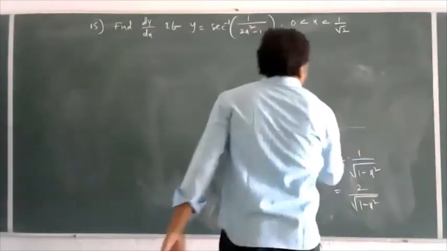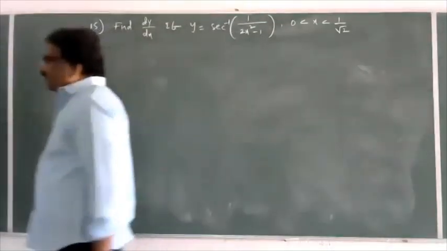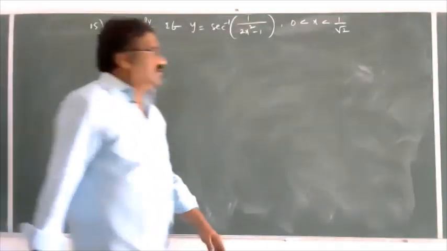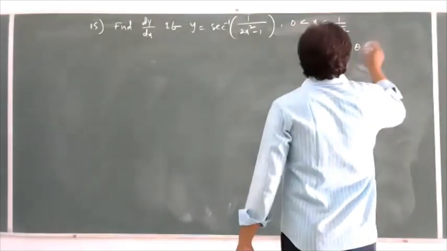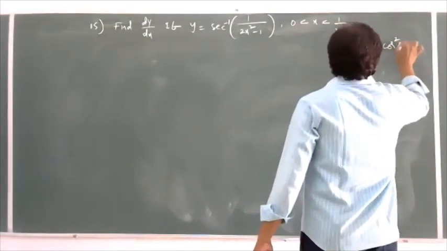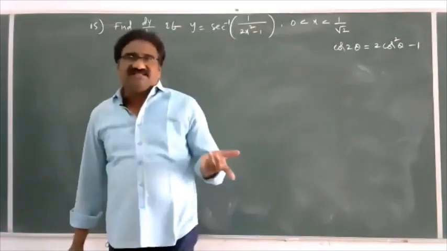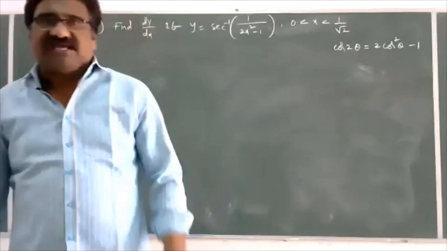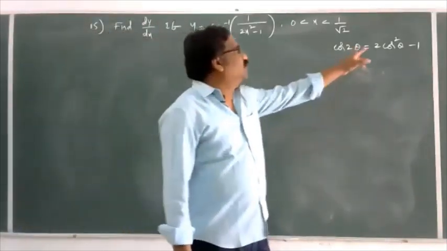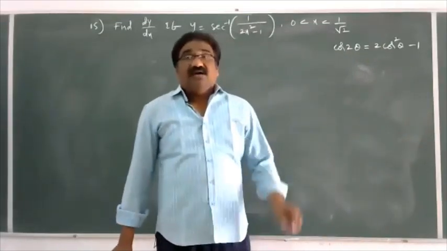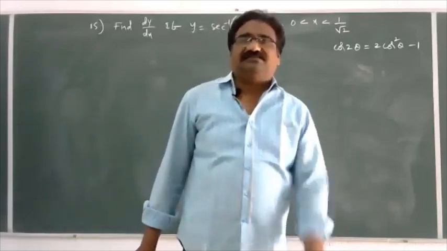The required substitution uses the formulas of cos 2 theta. Cos 2 theta in terms of cos is 2 cos square theta minus 1. In terms of tan it is 1 minus tan square theta by 1 plus tan square theta. In terms of sin it is 1 minus 2 sin square theta.